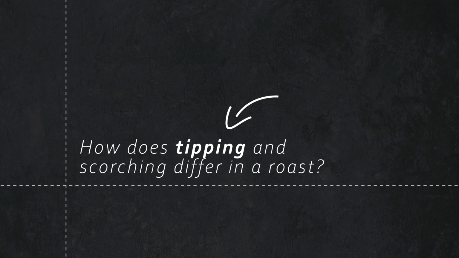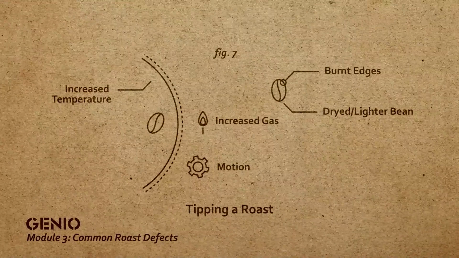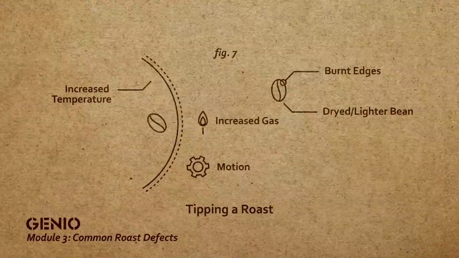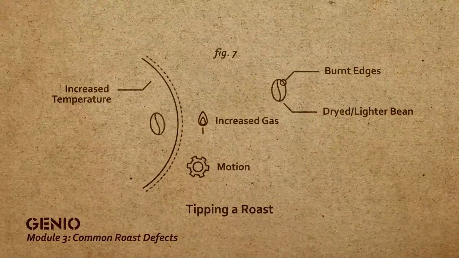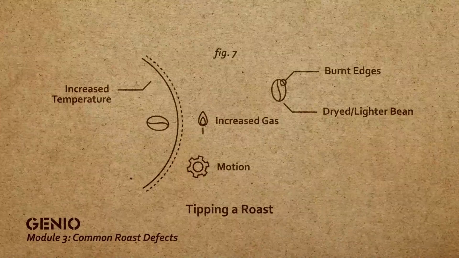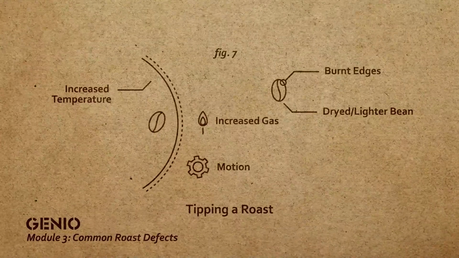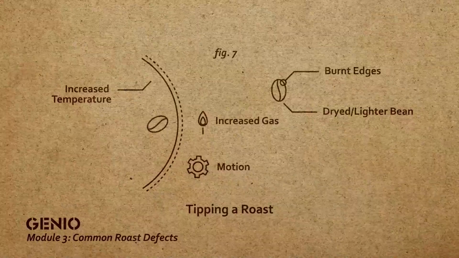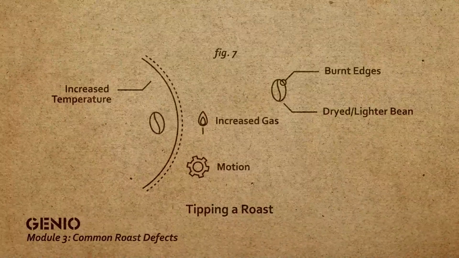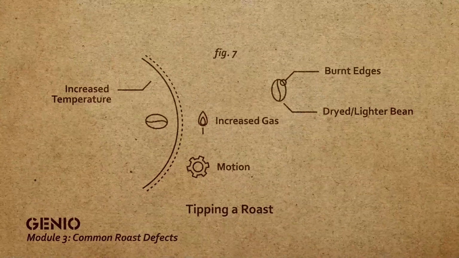Scorching and tipping are very, very similar, but tipping can happen generally as the bean gets a lot lighter after first crack, where it starts rolling. What happens is if you've increased your gas at any point going into first crack, and because you seem to have lost energy, you're going to end up heating up the edge of that drum. You're going to be introducing heat transfer through conductivity again, and you're going to end up getting darkened points on the tips of the beans.